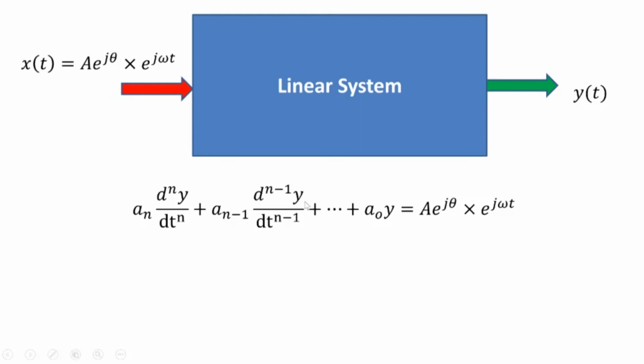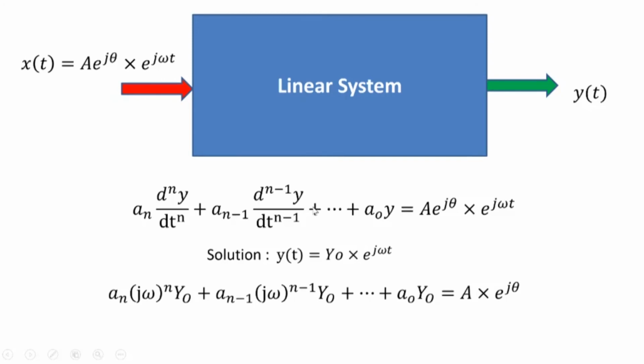Now it's very easy to show that the solution to this equation will be of this form, y(t) = y0 e^(jωt). So when you excite your system with A e^(jθ) e^(jωt), note that this is the only time dependent part. The output is also going to be y0 into e^(jωt). So the solution is also of this e^(jωt) form here.